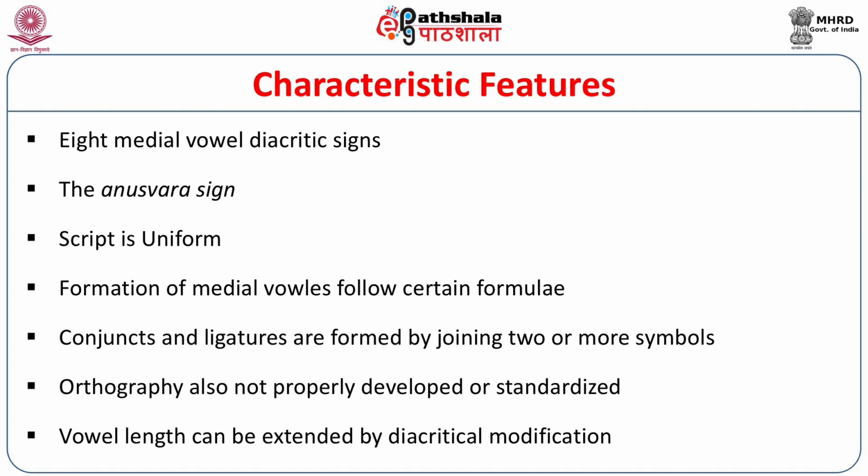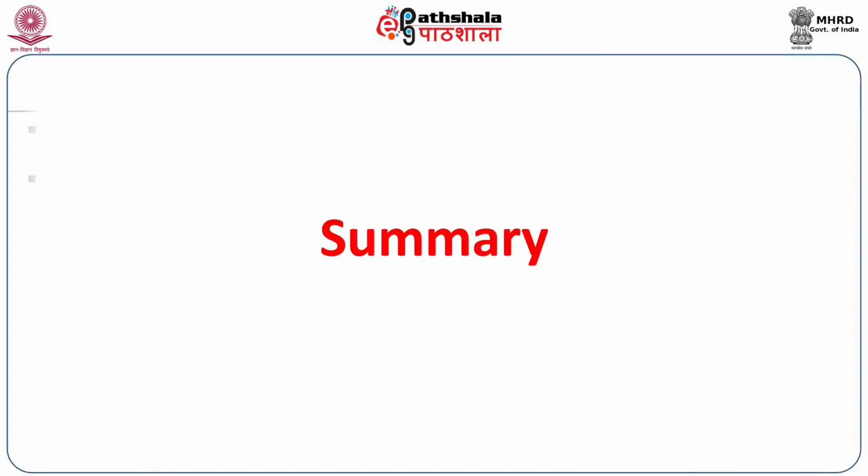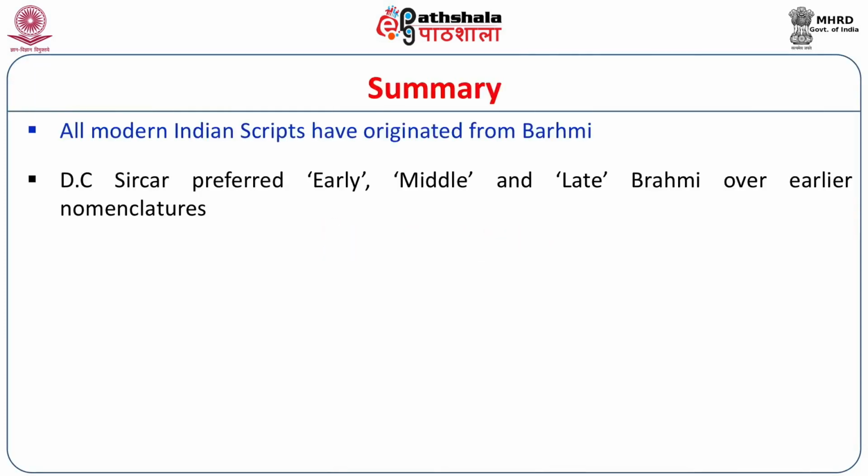If we remember the earlier slide where we saw that a symbol can be diacritically modified into a different one, this is a characteristic of both Brahmi and the protohistoric script. To summarize, we have to remember that Brahmi is the earliest of all the scripts of historical India, as known from documentary evidence, besides Kharoshthi.